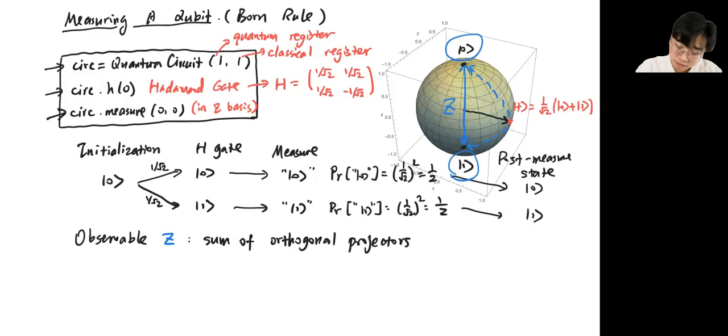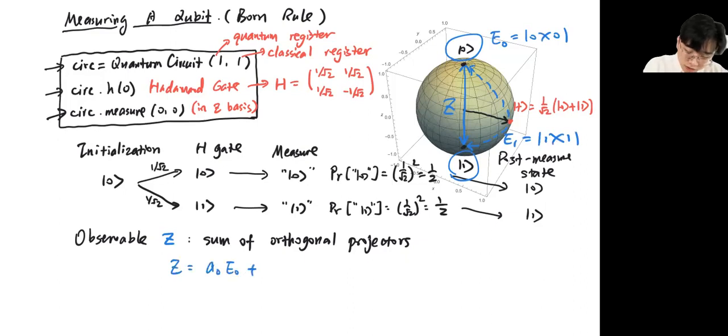And the projector for 0 is E0. We can write it down as the outer product of the 0 state. And the projector for 1 is E1 equals the outer product of the state 1. So Z is the summation of E0 and E1 with coefficients A0 and A1. These A0 and A1 are the eigenvalues associated with the projectors.